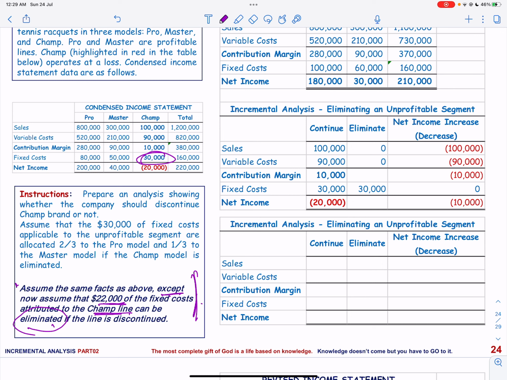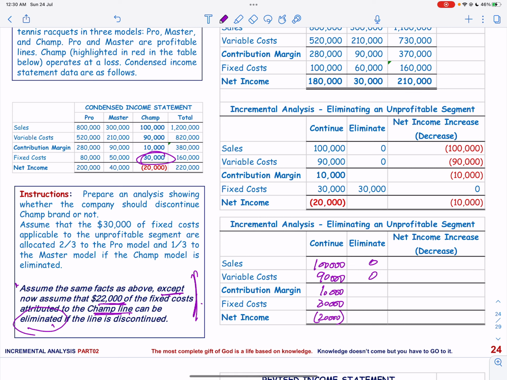If we continue, we have sales of 100,000. Variable cost is 90,000. So the contribution margin is 10,000. Fixed cost is 30,000. So the net income is minus 20,000.